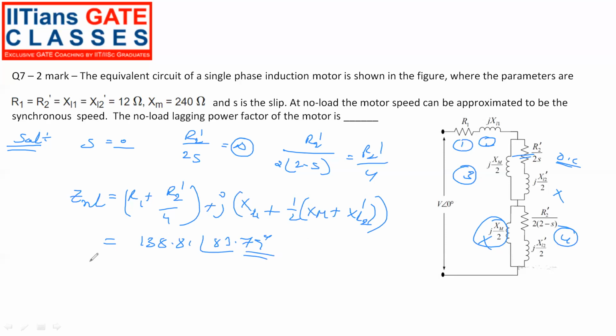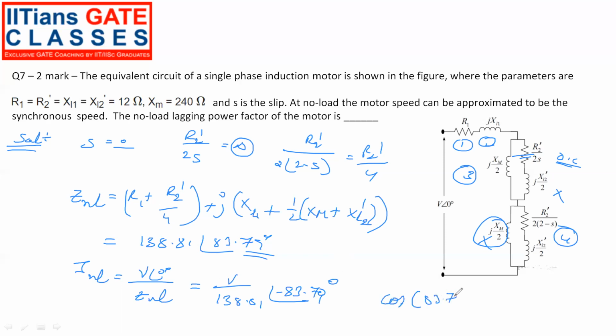Now the no load current can be given as I no load equals voltage at angle 0 degrees by ZNL. This gives V by 138.81 at angle minus 83.79 degrees. Now the no load power factor is given by cos 83.79, which is 0.108 lagging because the angle is negative.